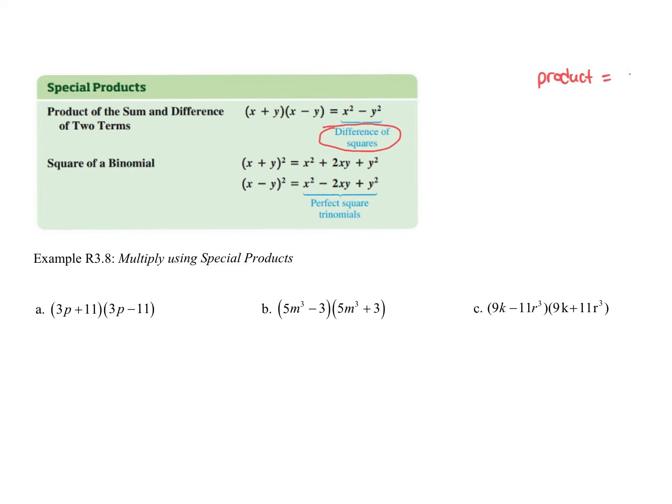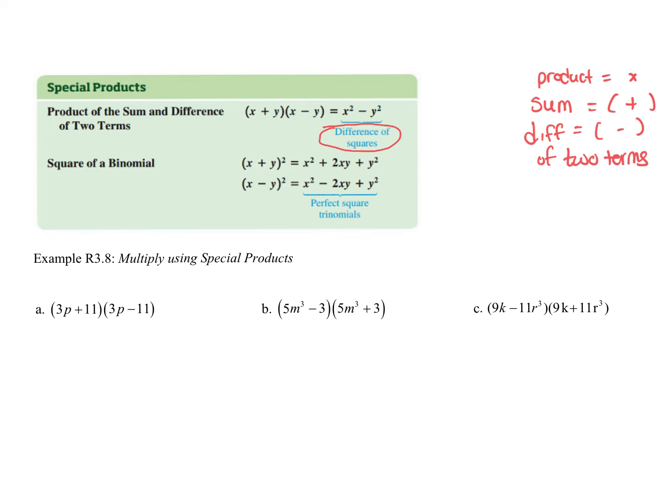That means we're going to multiply of the sum and difference. So sum means that one set is plus, and difference means that one set is minus. And it says of two terms, which means those two terms we're going to keep the same.